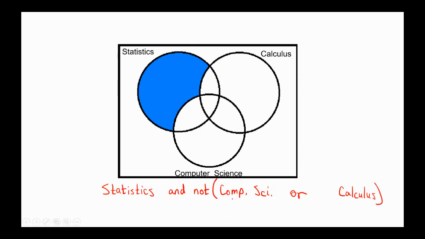Instead of saying statistics and not computer science and not calculus, just say the and not once and then combine the ors. Combine the two. So let's put this in symbols. Statistics and not computer science or calculus.